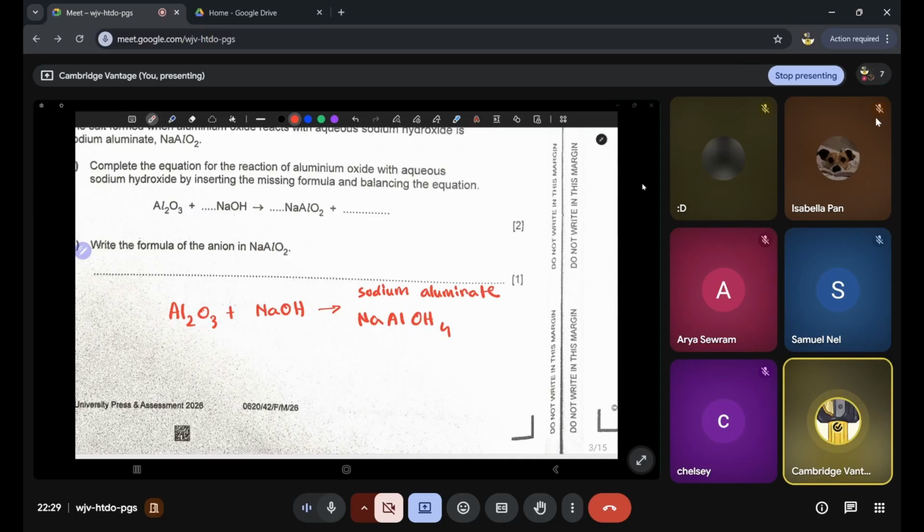But the main thing is they won't ask about an aluminum oxide and a base reaction because this reaction is for AS. When you go for AS chemistry, there is a separate chapter called periodicity where you will learn about such reactions. But for IGCSE, you don't really have to bother about this. They will mainly ask you about simple acid-base reactions.